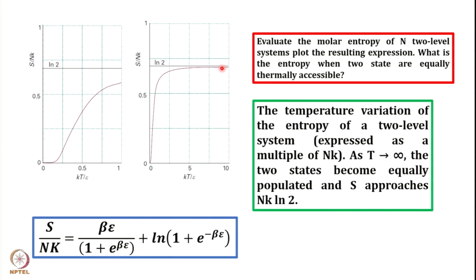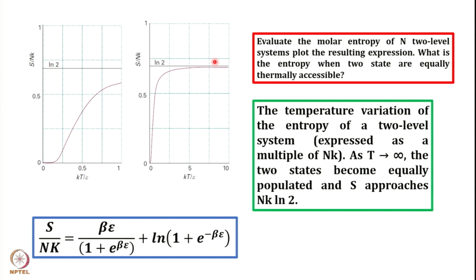So this is how the entropy dependence upon temperature can be expressed. So definitely we can exactly find out the value of entropy when temperature is approaching 0, and the second is when temperature is approaching infinity.